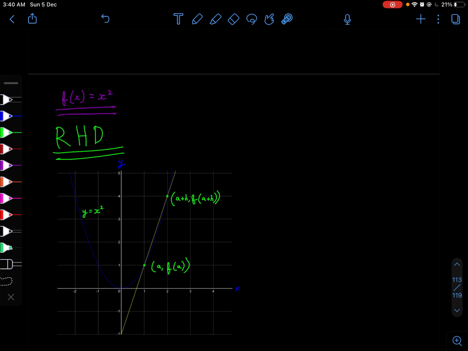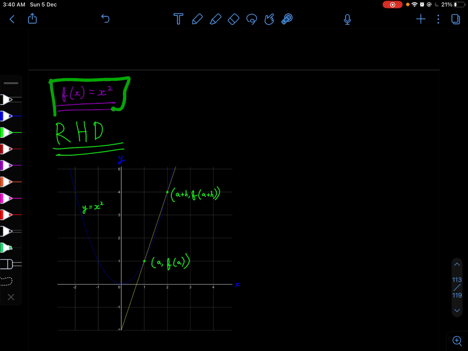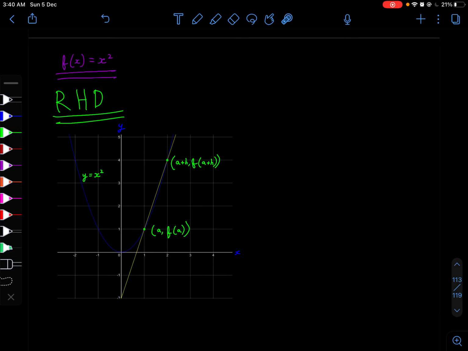So for example, suppose the function f of x equals x squared. First we find the right hand derivative, though we can do it in any order. The right hand derivative is basically when you fix the left point, this point here, and then we move the other point slowly towards a comma f of a.